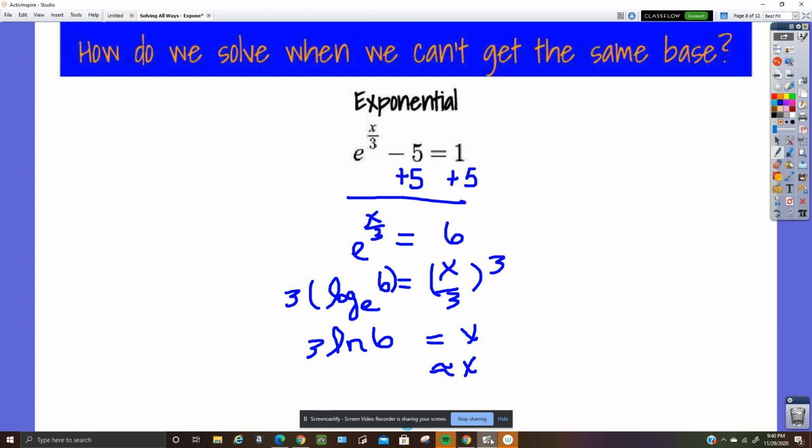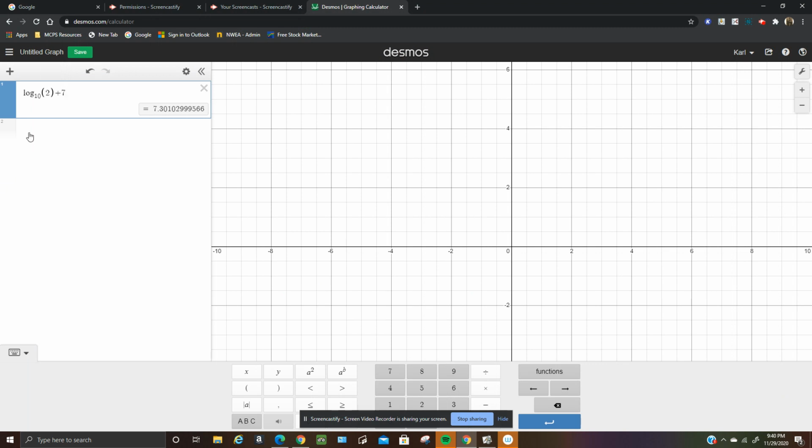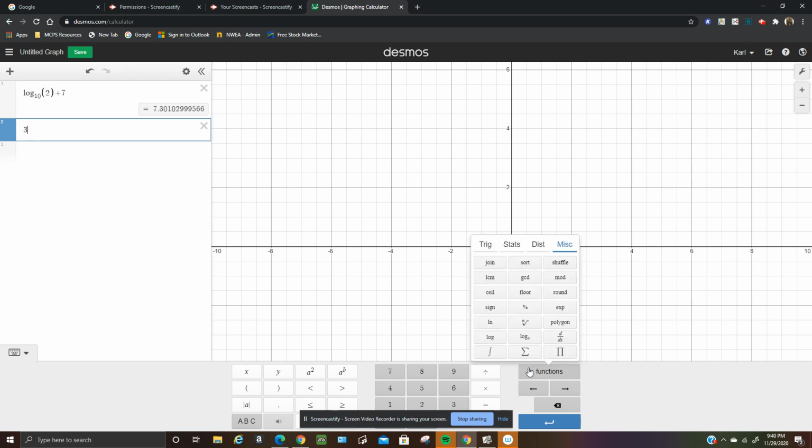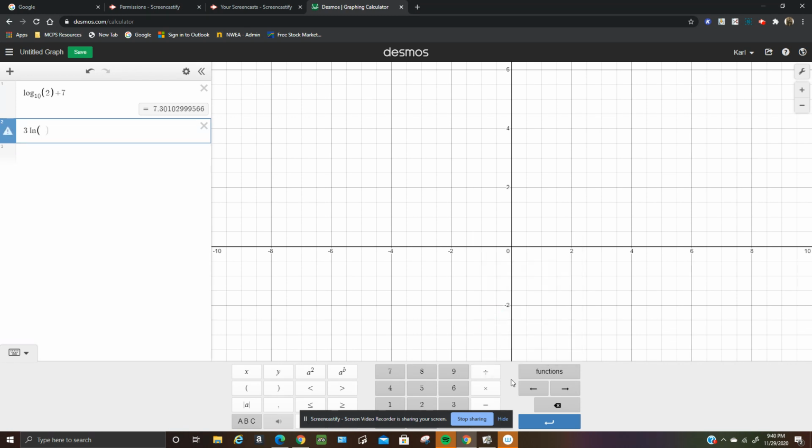So now I'll go into the calculator. So 3, there we go, functions, and then miscellaneous, natural log is right here. 5.375.